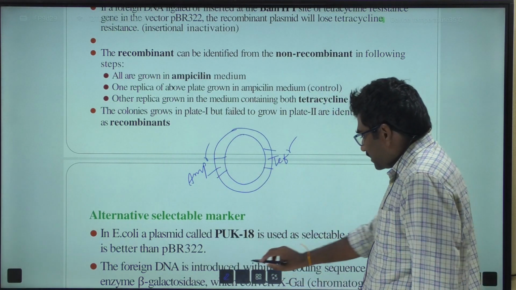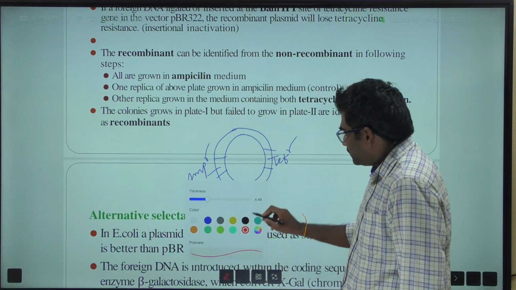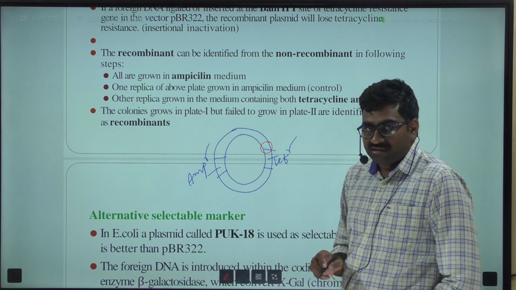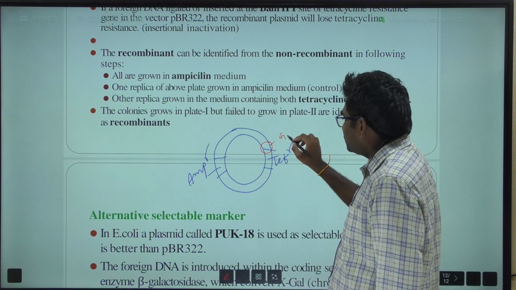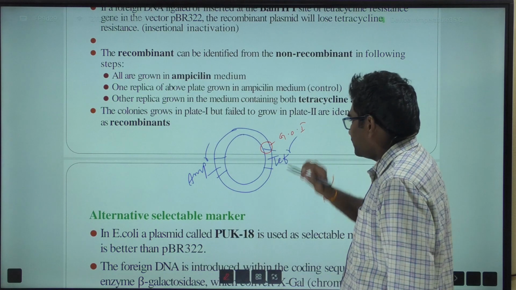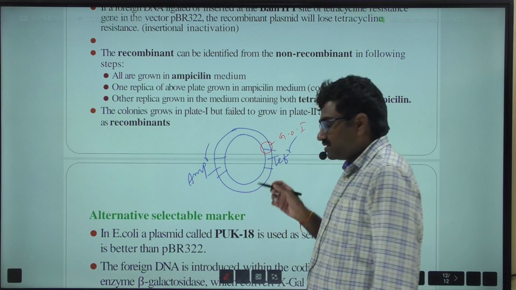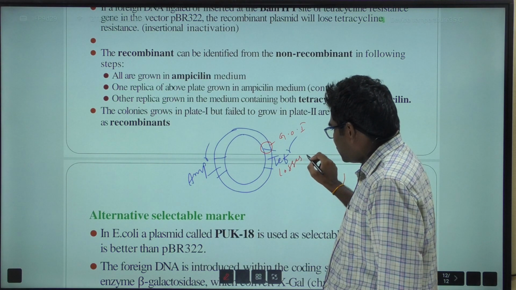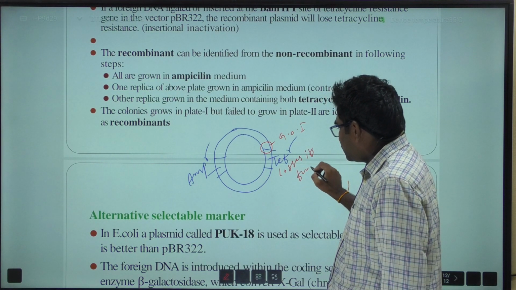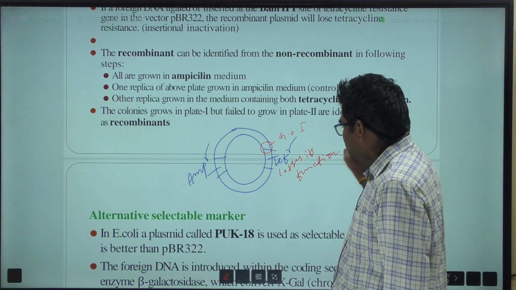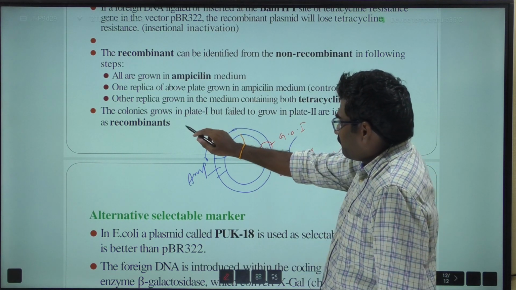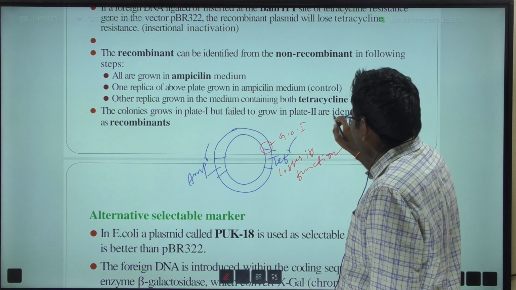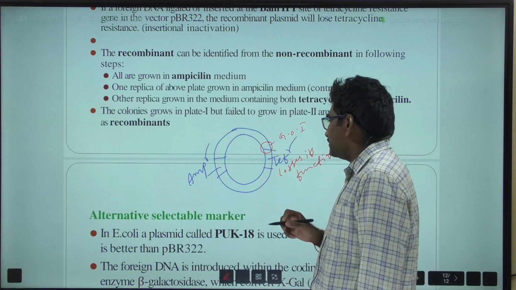If we insert our gene of interest into the tetracycline region, this tetracycline gene loses its function. So the colonies that grow in plate 1 but fail to grow in plate 2 are identified as recombinants.